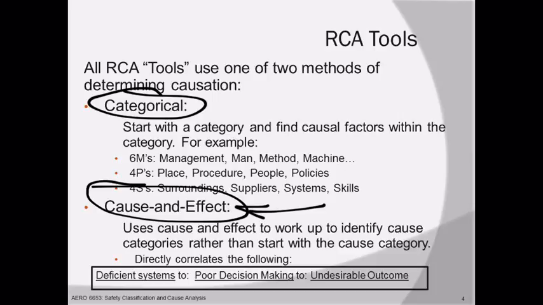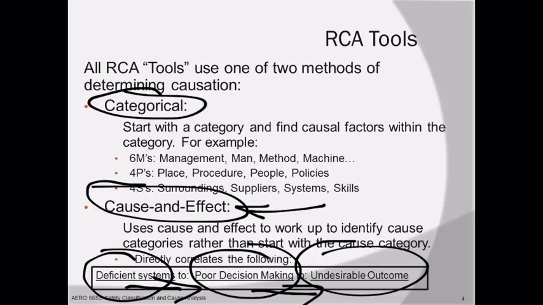We will talk more about categories in Unit 2, but for now, notice the line of progression in cause and effect. Deficient systems lead to poor decision making, which leads to undesirable outcomes. We start the investigation actually with the undesirable outcome, and we work backwards from there up into the system.